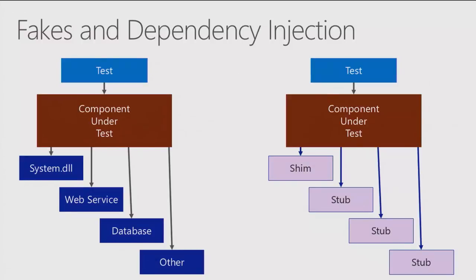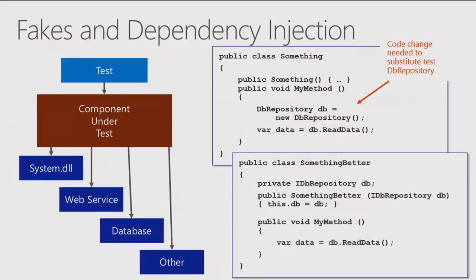So here are a couple of little code examples. In the top one, I have a more traditional way of coding in which inside of my class, this might be the controller, I'm going to actually new up a database repository and then use it. Seems reasonable, but if I do that, how do I swap in a different database repository when it comes time to test?